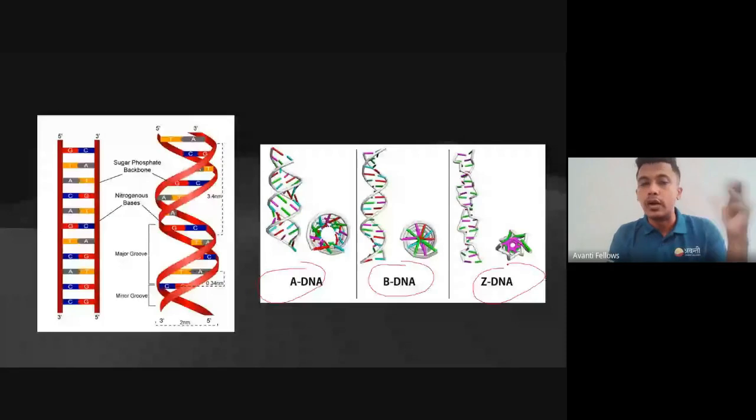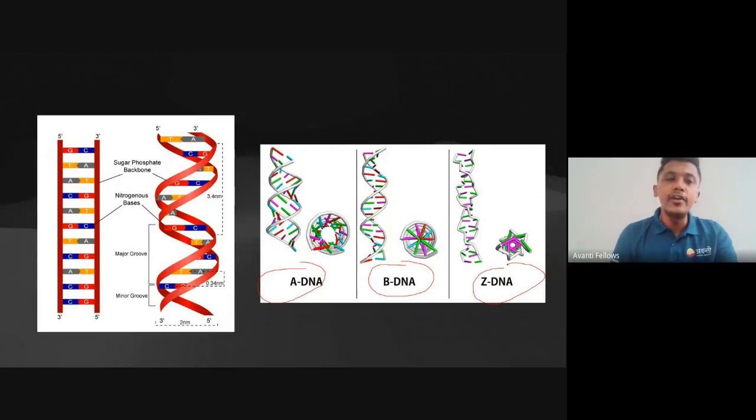So let me do one thing. I will take the B-DNA and I will try to dehydrate our B-DNA. Dehydration is removal of water molecules in our B-DNA structure. So when I remove the water molecules from our B-DNA structure, because of the excessive dehydration, the base pairs come very close together.